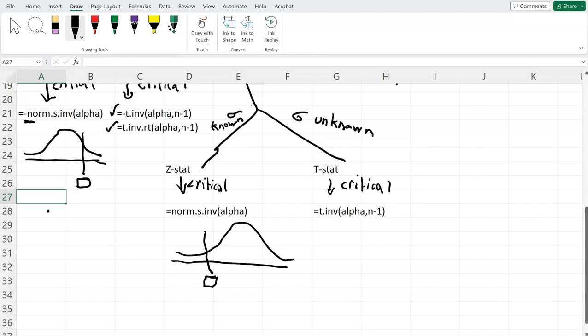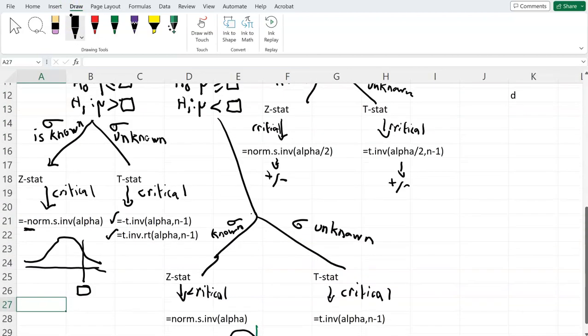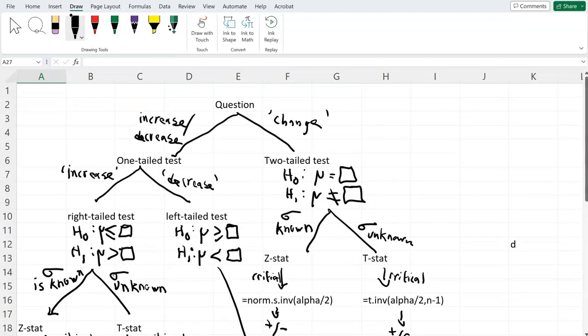So if this is my critical value, if my z-stat or t-stat is here, then we reject the null. If it's on this side, then we do not reject. This is for the left tail test.